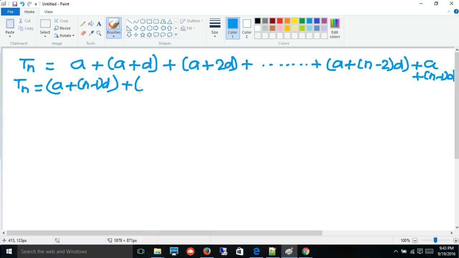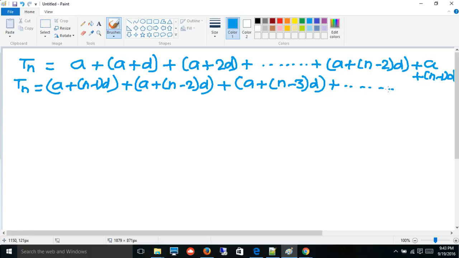Plus the second last term, a plus n minus 2 into d, plus a plus n minus 3 into d, plus and so on, and the second element is a plus d.